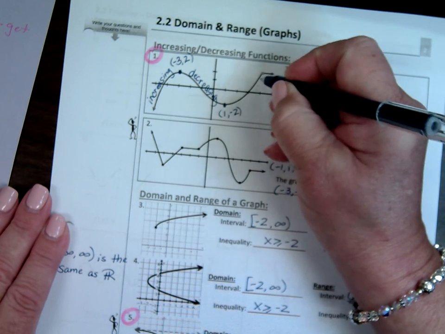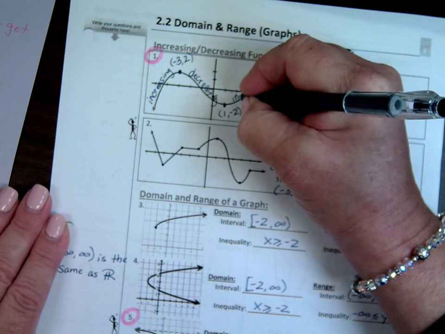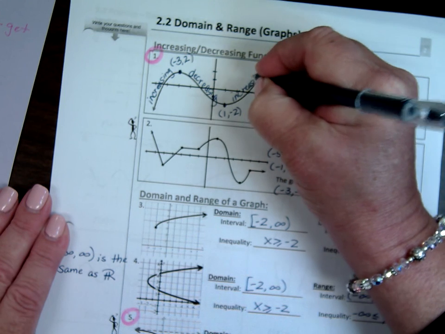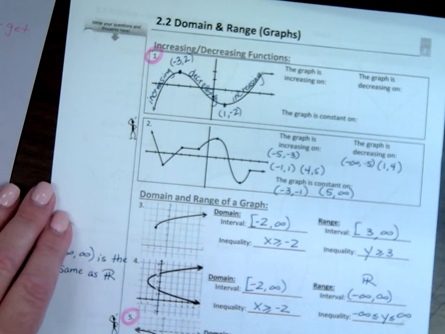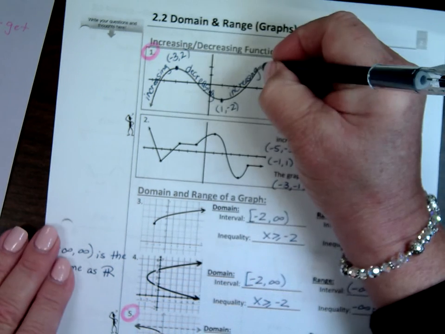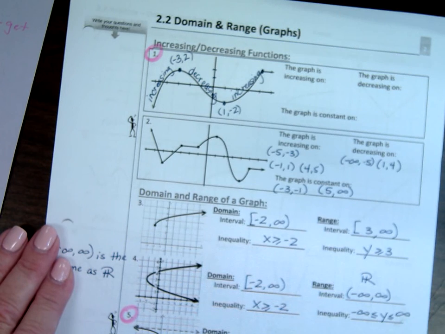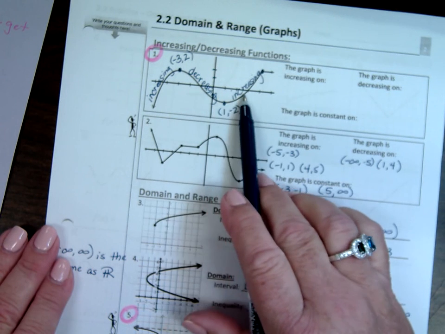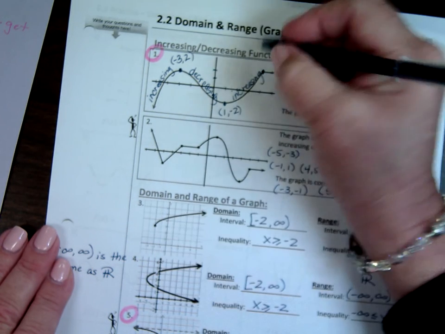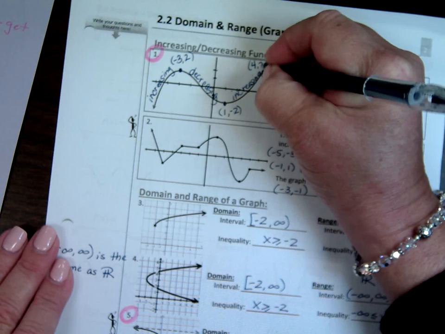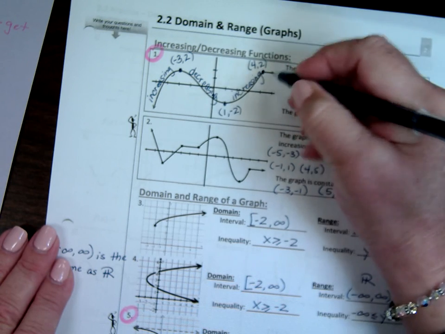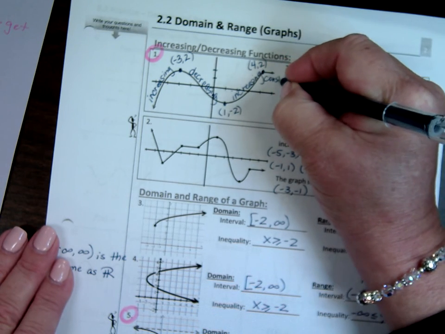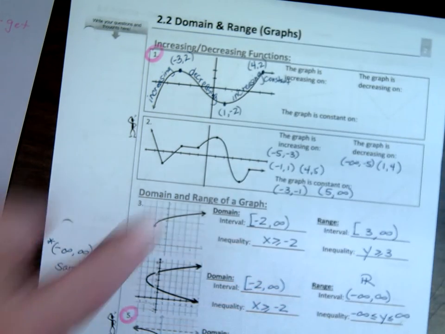And now I'm going up again. Kind of like a roller coaster, right? Going up again, I'm increasing until I get to this point. Well, where is that? 1, 2, 3, 4. 1, 2. This is about at 4, 2. And then I'm constant for the rest of the graph. There's an arrow at the end.